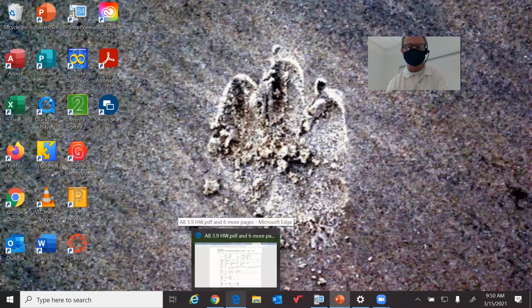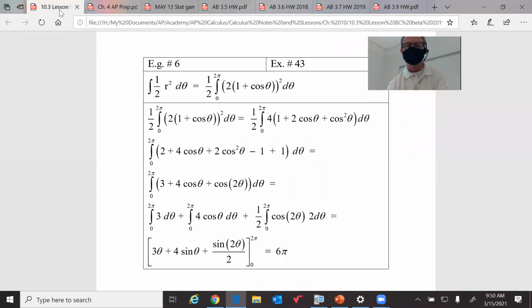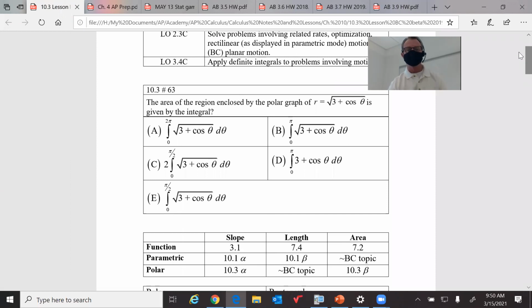So on the PDF, first thing is, here is the question we showed you on Friday. This is the question from the end, problem 63, but you can do that now.